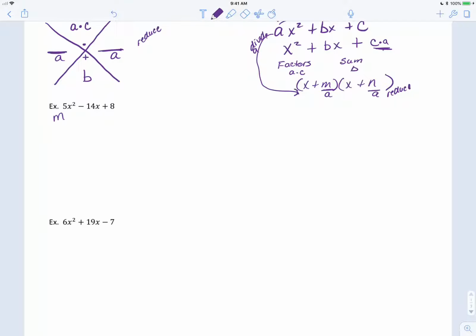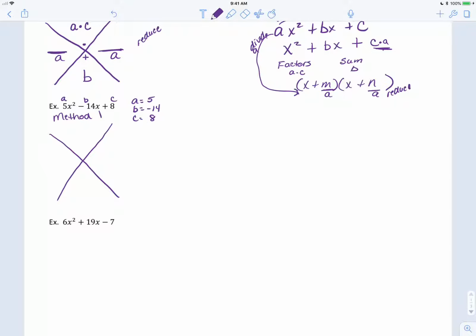So here's method 1. I'm going to use the big X. In this example, we've got 5x squared minus 14x plus 8. In this case, a is 5, b is negative 14, and c is 8.